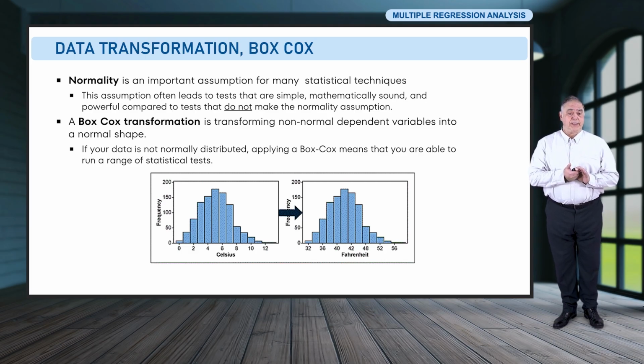So on the left-hand side, you can see the distribution of temperature measured in degrees Celsius, centigrade, and on the right-hand side, temperature in degrees Fahrenheit. So this is an example of where this data transformation can be applied.